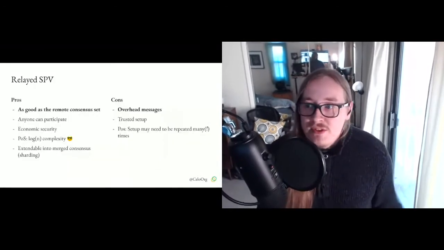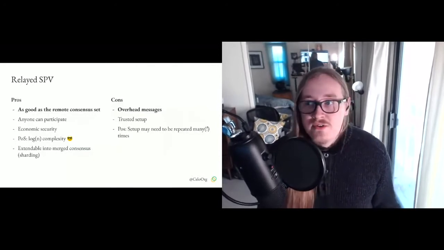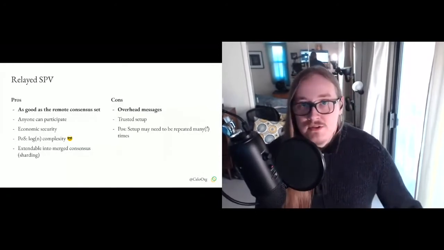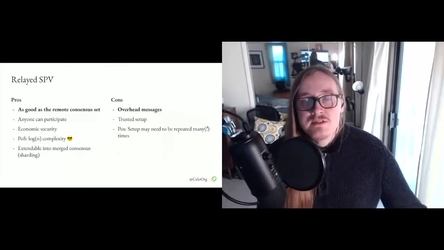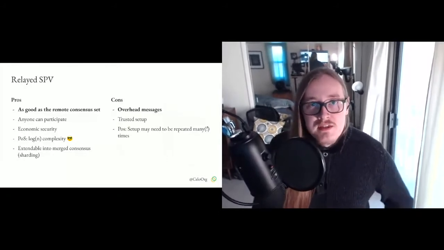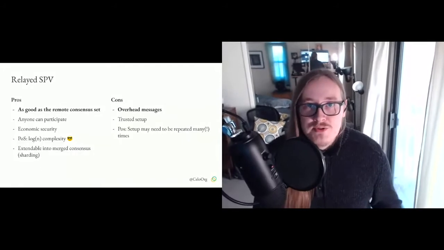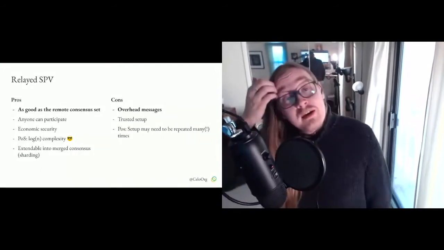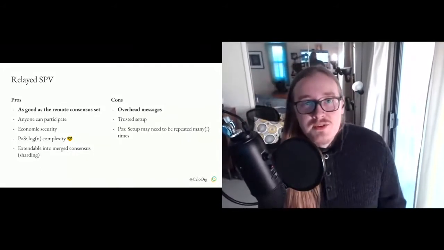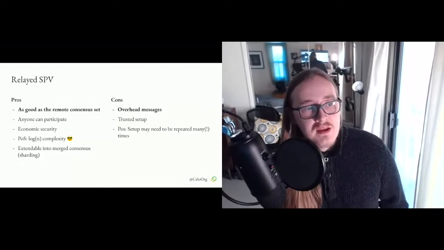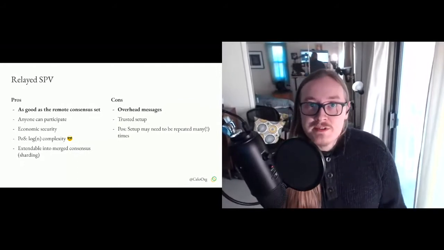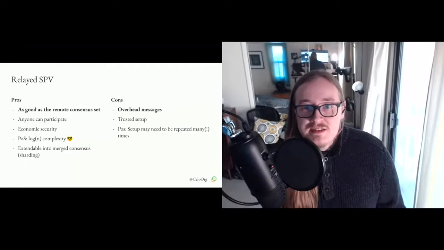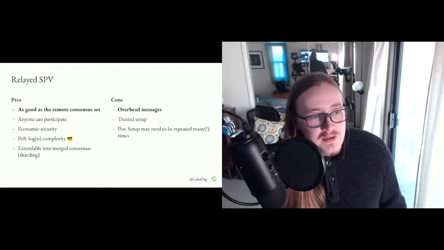All right, so the pros here are, it's as good as the remote consensus is. If the remote miners or the remote validators, stakers, are honest, this relay will always produce correct results. If they're dishonest, it can produce incorrect results. And anyone can participate because the remote chain and its consensus are public information.